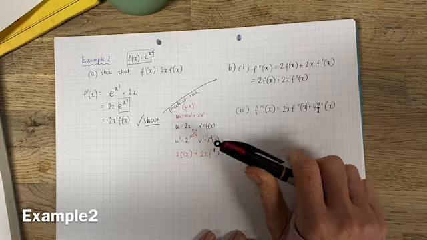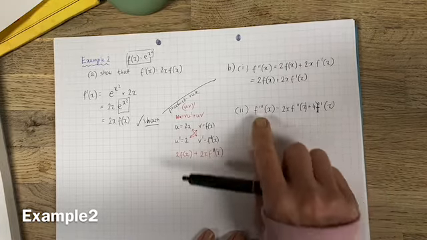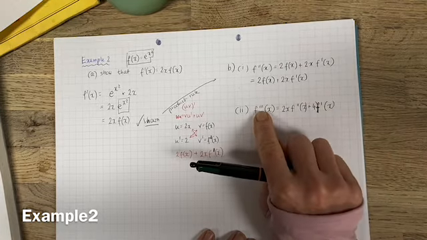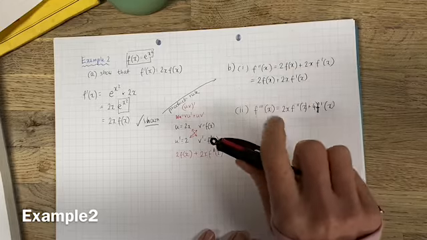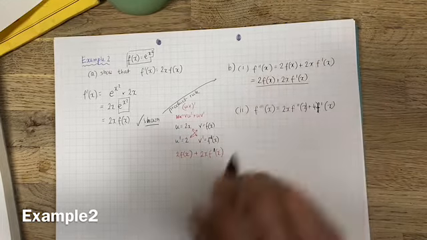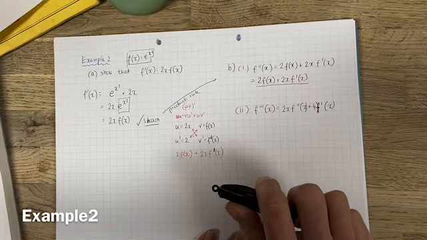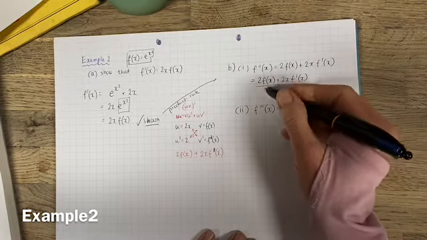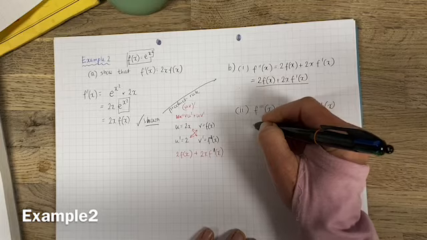Okay, so the second part of part B again asks you to now differentiate my second derivative in order to obtain the third derivative. So let's just differentiate these as we go along.